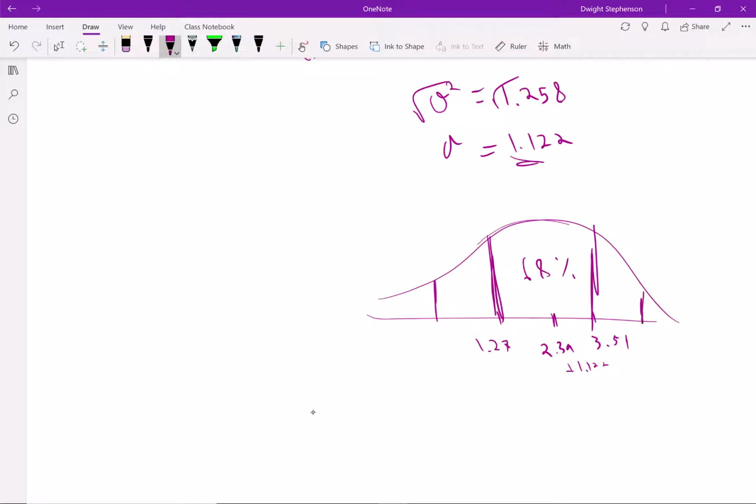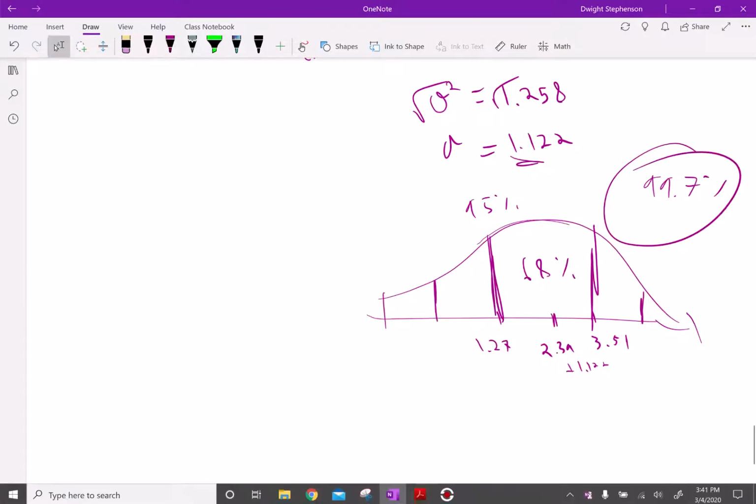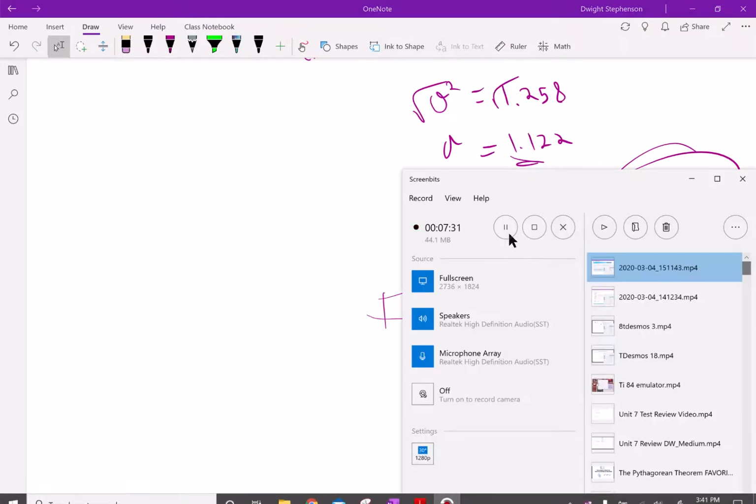And we could go out another standard deviation, 2 standard deviations, and 95% of people would be there. And if I go out 3 standard deviations, you get 99.7%. I don't know if you've learned that. We will be hitting on that a little bit later.